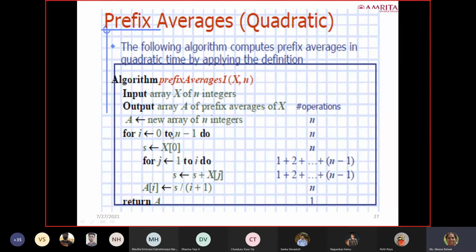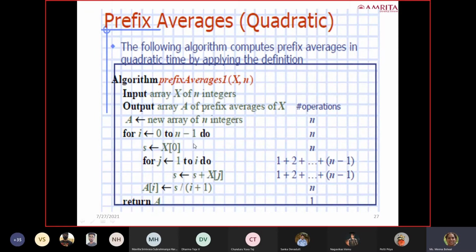i from 0 to n minus 1 means you are going to move the index of x one by one, and similarly for j you are going to go from 1 to i. So what you are going to do is s becomes s plus xj. You can see how it is going to work. For the first element of array a, you are only going to use x0, the 0th element.